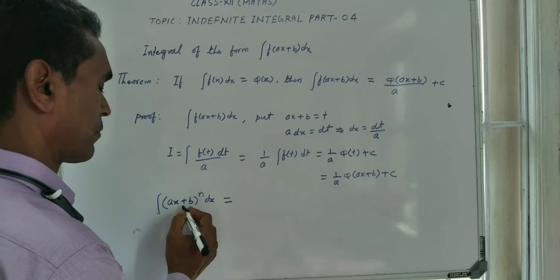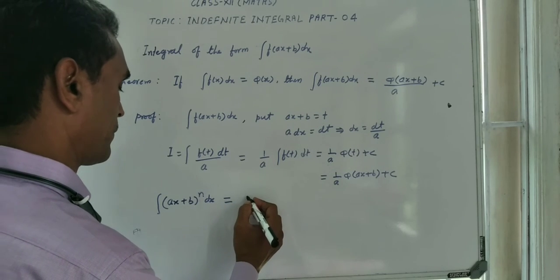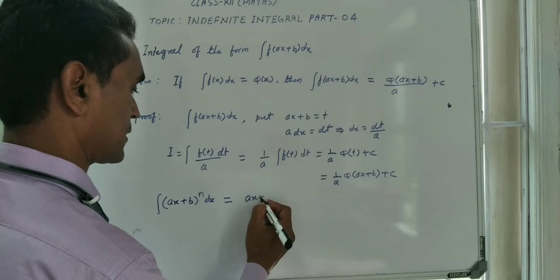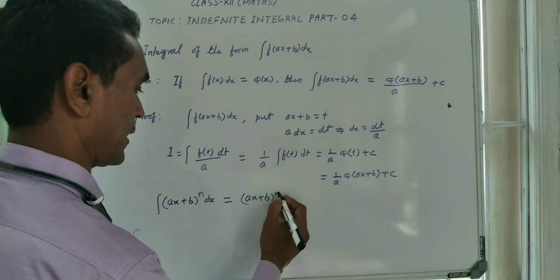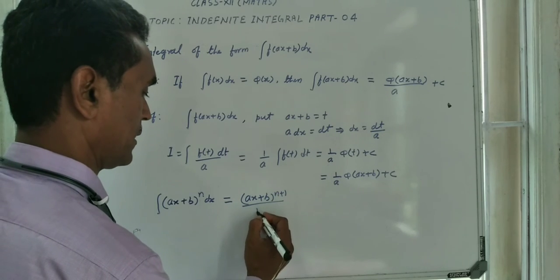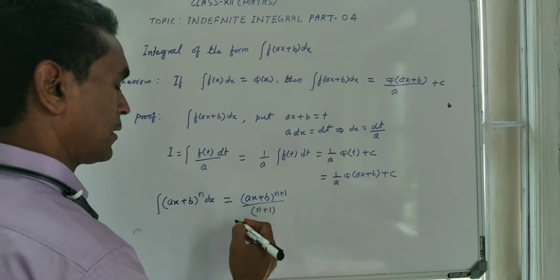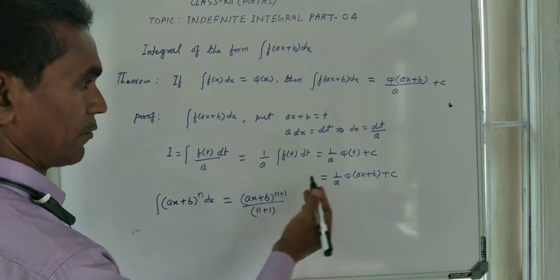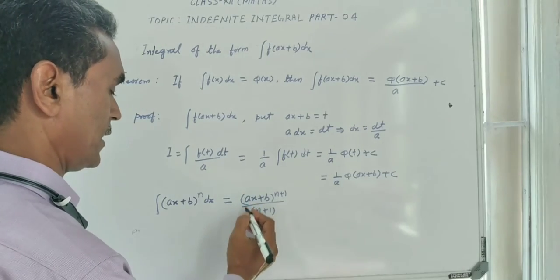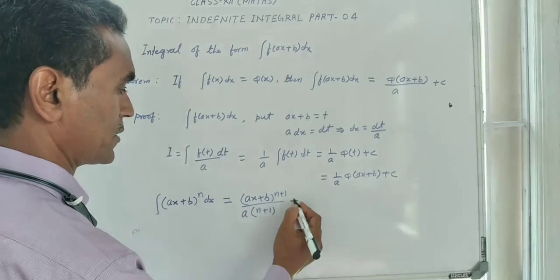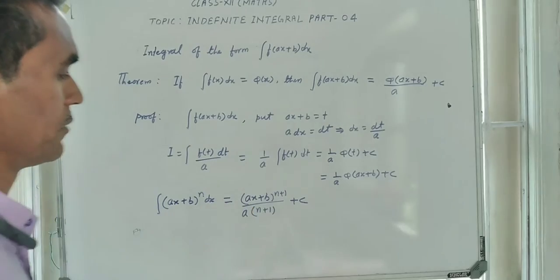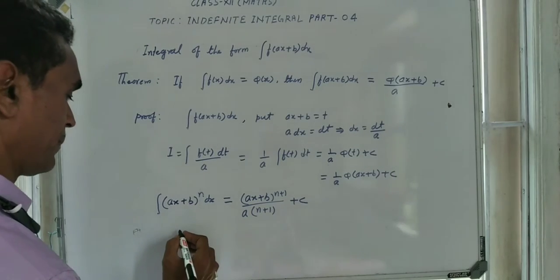So the same formula we apply here also. So ax plus b whole to the power n plus 1 divided by n plus 1 and divided by the coefficient of x, that is a, plus c. So nothing will change, the formula will be the same.